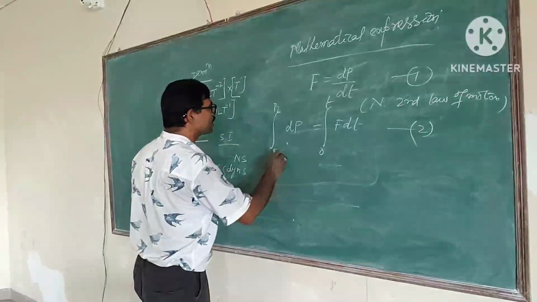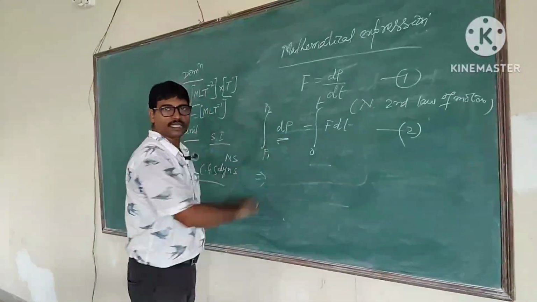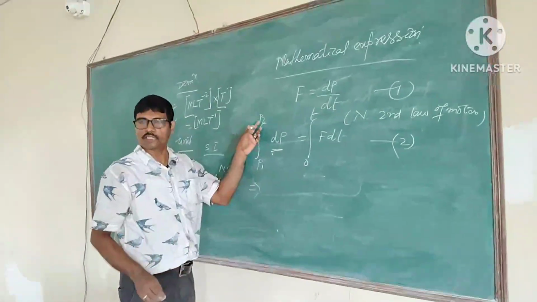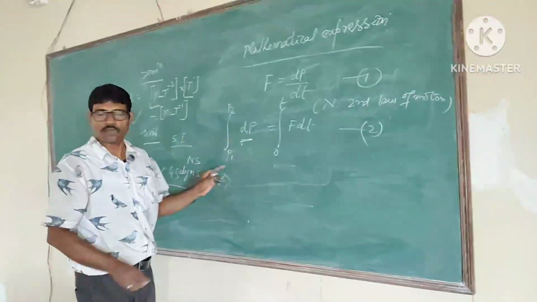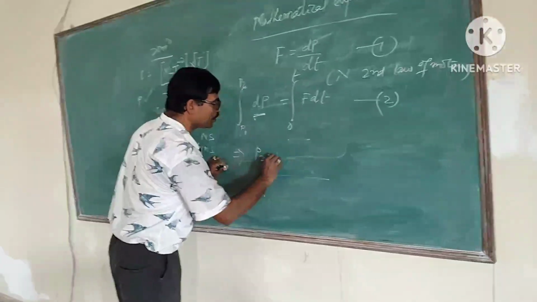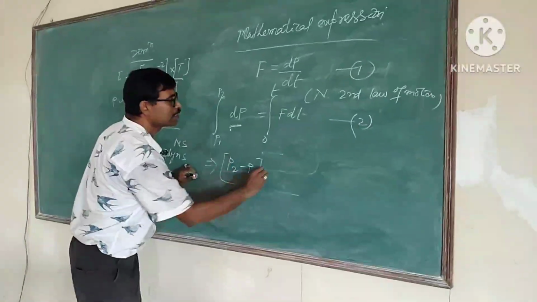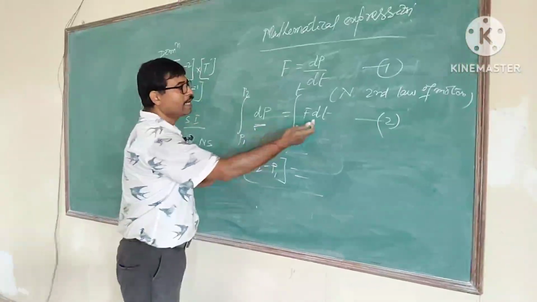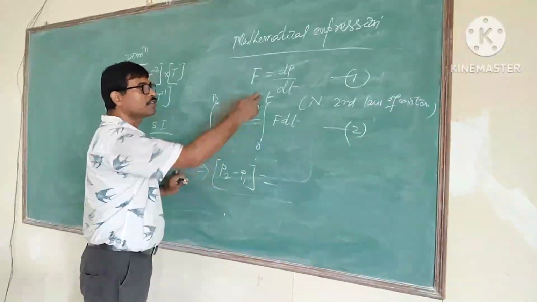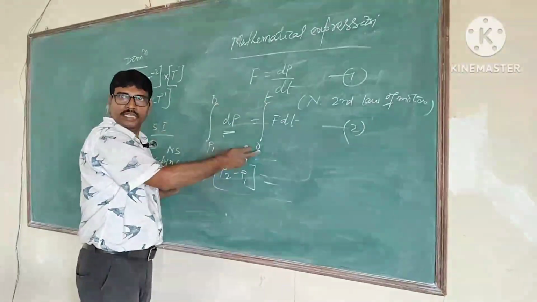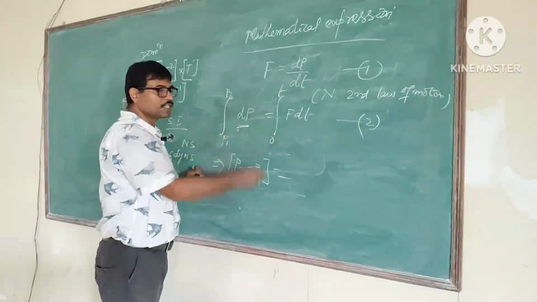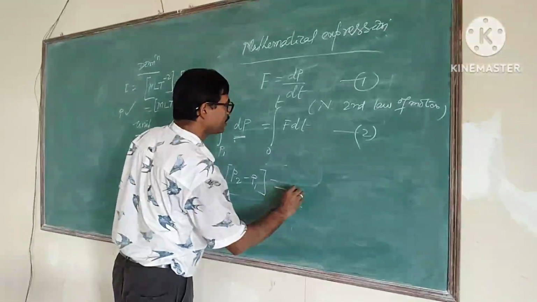The integration of dp is p, with upper limit p2 and lower limit p1, so p2 minus p1 is equal to F, the constant brought outside, times the integration of dt, which is t with upper limit t and lower limit 0, so t minus 0 is t.